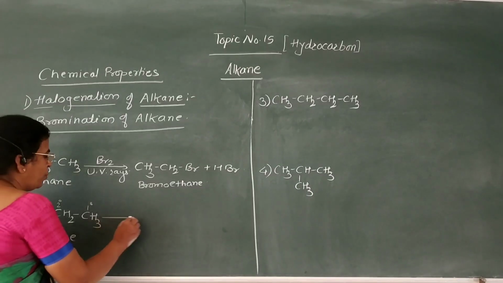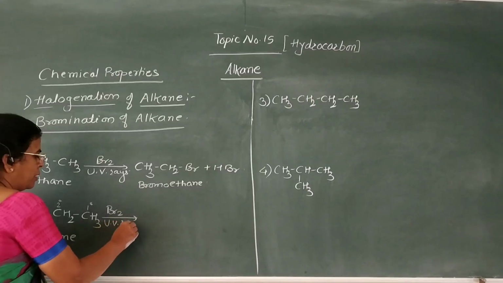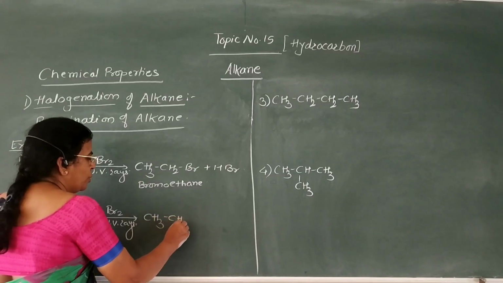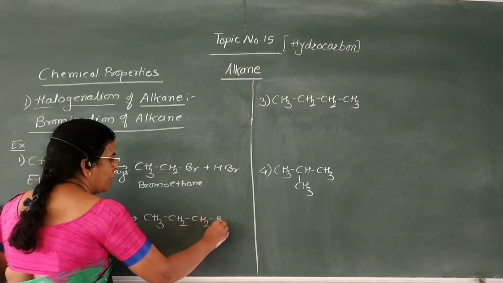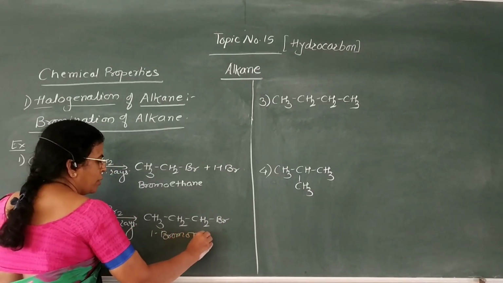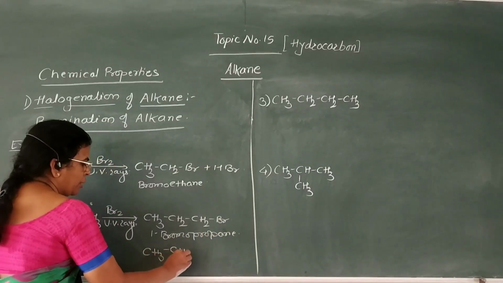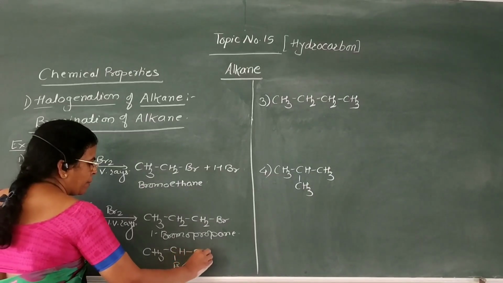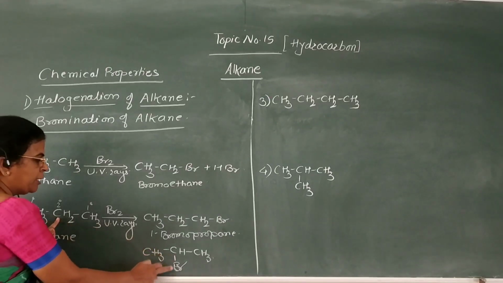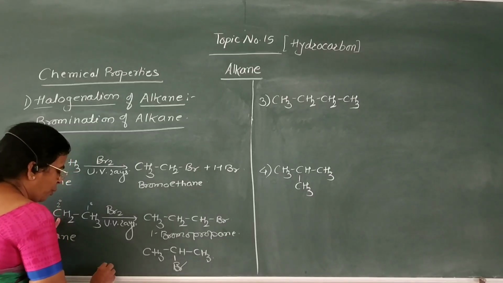Therefore when it undergoes bromination, we will get a mixture of two products, in which the first product is CH3CH2CH2Br, that is 1-bromopropane. And the second product is CH3CHBrCH3, where the hydrogen atom from the secondary carbon atom is replaced by bromine. This is 2-bromopropane.